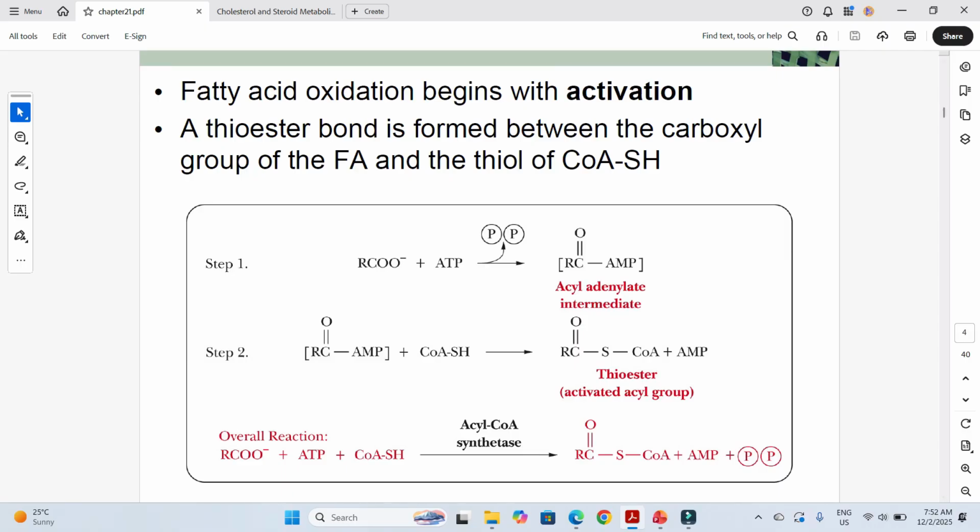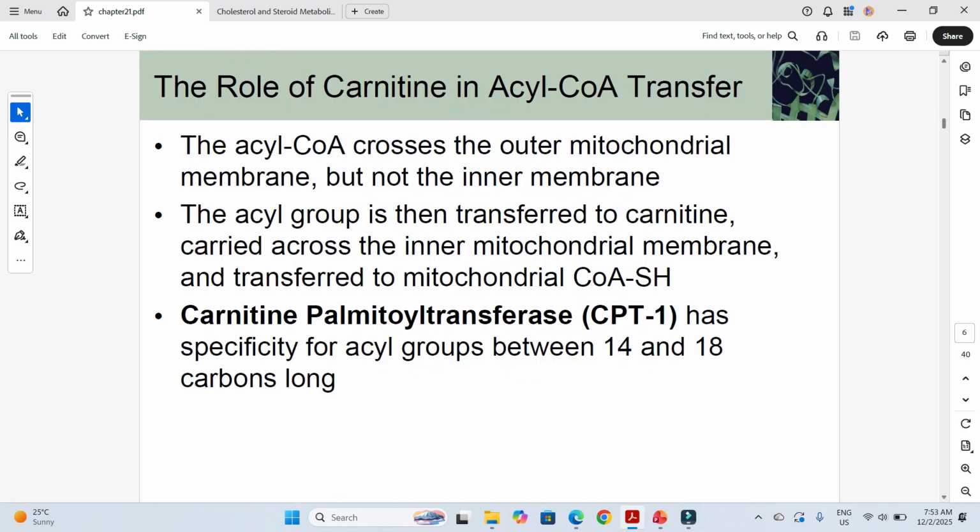For now that we have the fatty acyl-CoA, the activated form of the fatty acid, in the cytosol, we need to be able to deliver it into the mitochondrial matrix. But the problem with the mitochondria, again, is that it's very selective in terms of the molecules that it allows to pass through it.